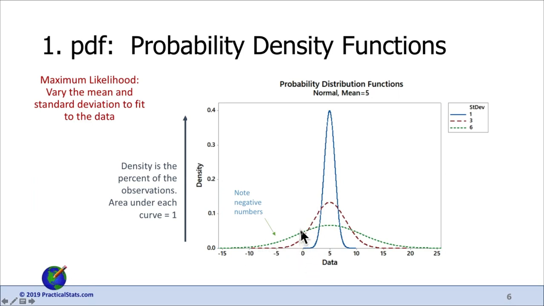So all the values to the left of 0 here, all the proportions are saying that there is, let's see, if I go from 0 up to the dashed green line for the middle normal distribution and come over, it looks like there's about 5% of the data at that one point at 0, and then the area totaling that up to the left side might be something like 10% perhaps, maybe a little more. So there's some percentage of the data that are being modeled as, and so expected to be negative. So that's a real downside for using a normal distribution.